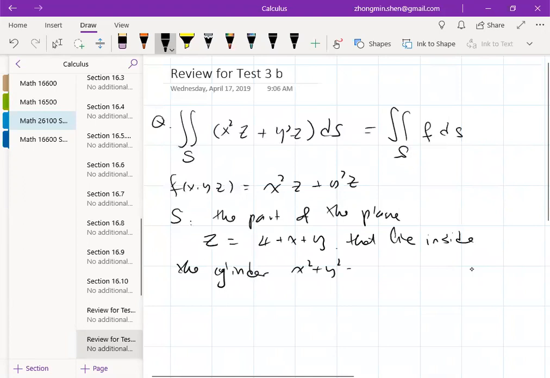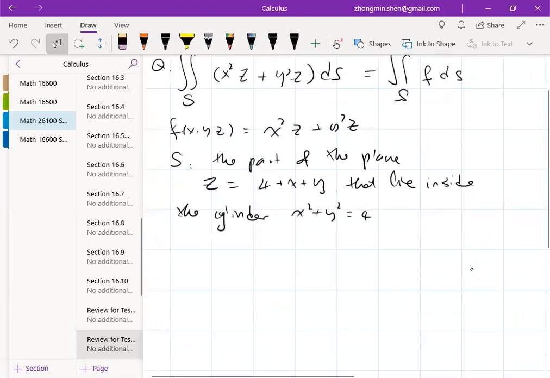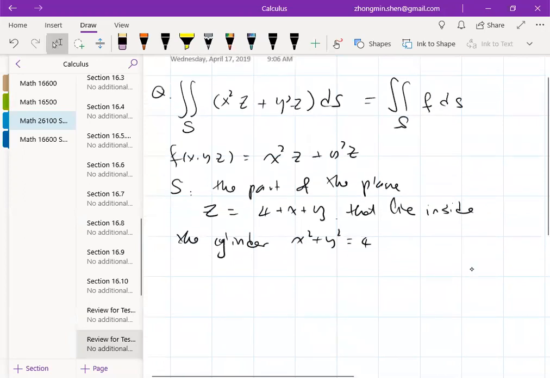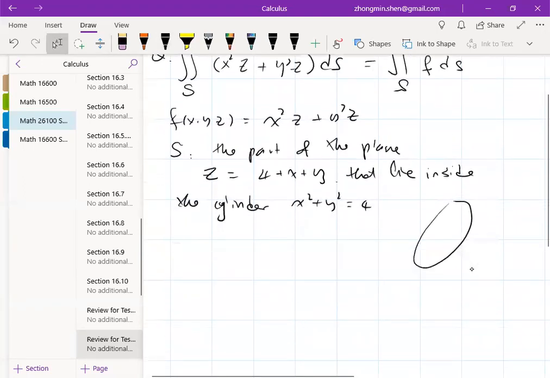This is a typical example I want to discuss here. Think about the surface as a flat piece, but it's inside the cylinder.